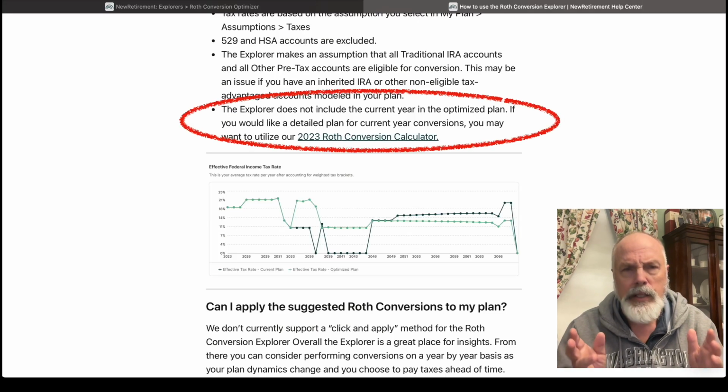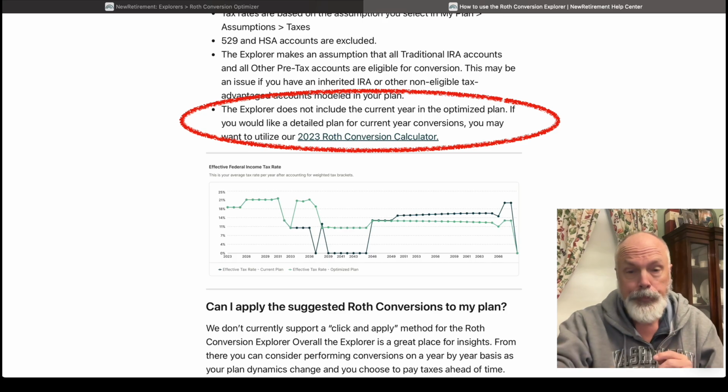Yet the Explorer does not include the current year in its optimized plan, and instead, NewRetirement has a standalone 2023 Roth Conversion Calculator, which I'll show you in a moment. And I should point out that this is available at the basic or the plus level with NewRetirement.